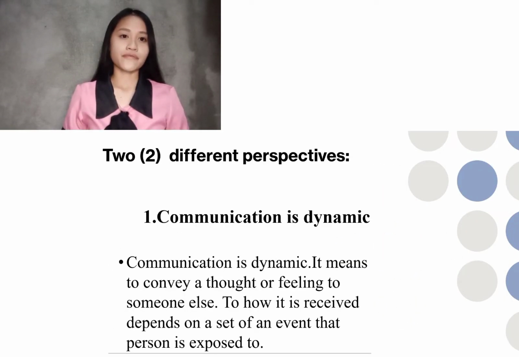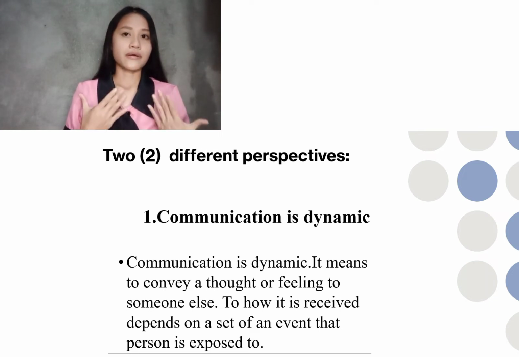So the tenet of communication is divided into two different perspectives. First, communication is dynamic. It means to convey a thought or feeling to someone else. How it is received depends on a set of events that person is exposed to.